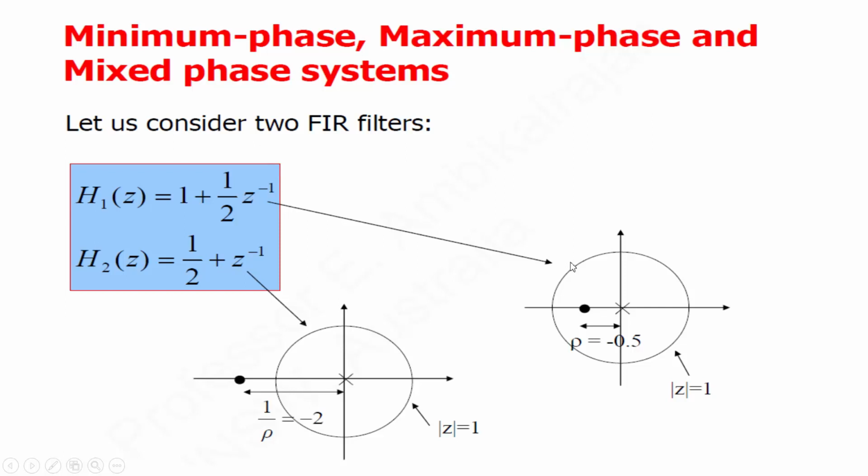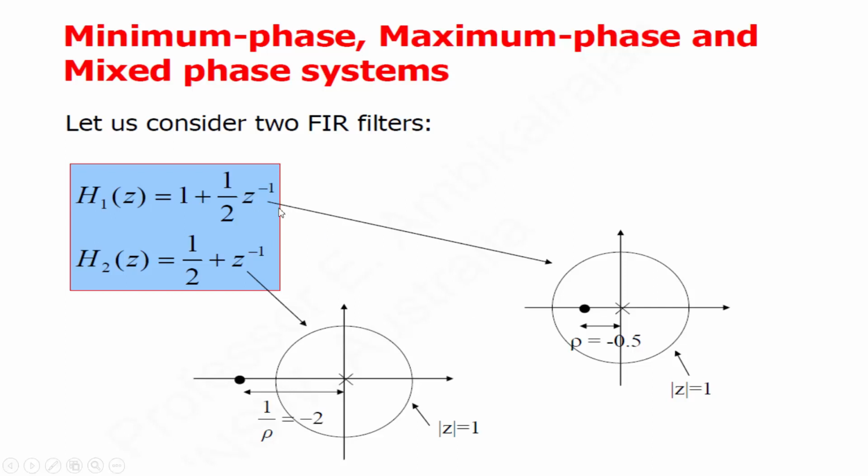The first system represents a, because this is an FIR filter, no pole will be there. All the poles will lie at the origin. And the important point is that a zero or a pole lying at the origin does not contribute anything to the transfer function.